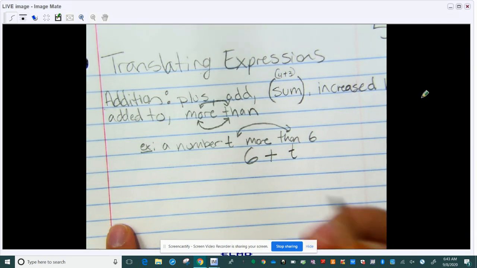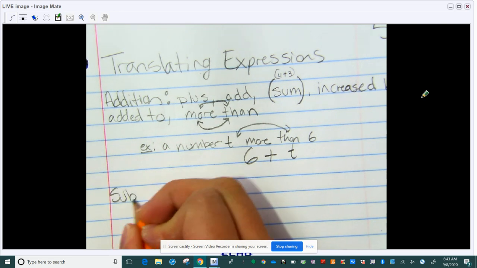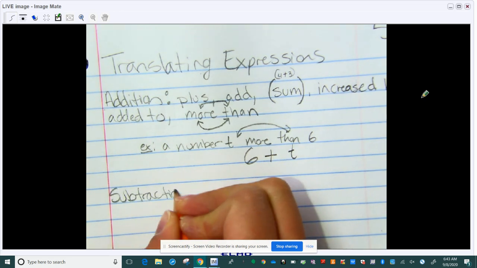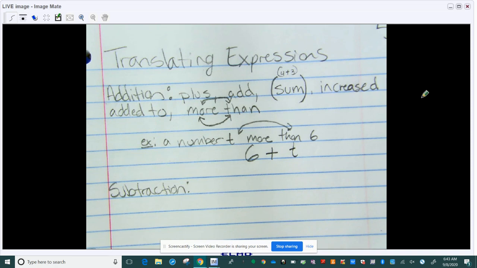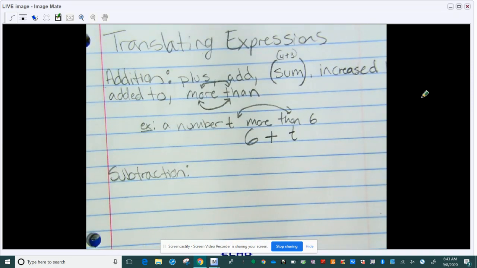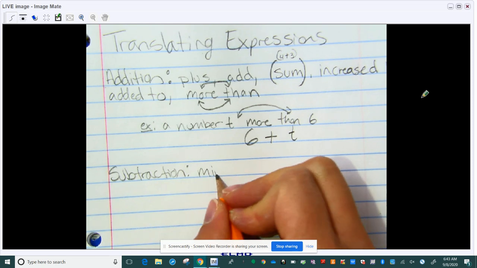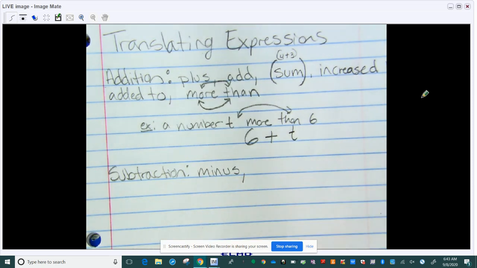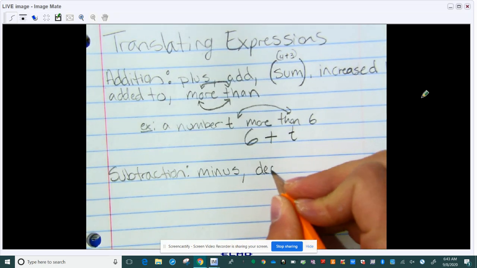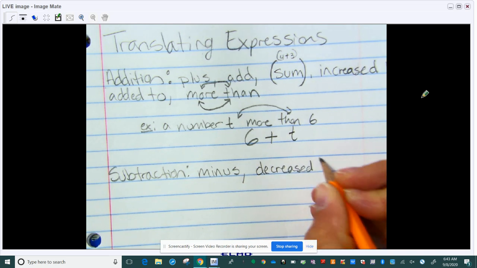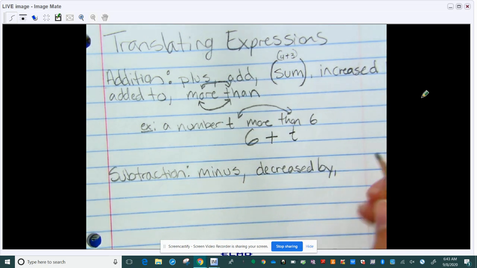Let's do subtraction next. So our subtraction words could be minus. Let's start with an easy one. Decreased by. Let's talk about difference.